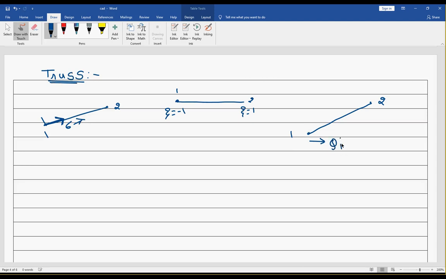The horizontal displacement is q1 of node 1, then the vertical displacement is q2. The horizontal displacement is q3 and the vertical displacement is q4. In this way, all the horizontal displacements go with odd numbering and all the vertical displacements go with even numbering.